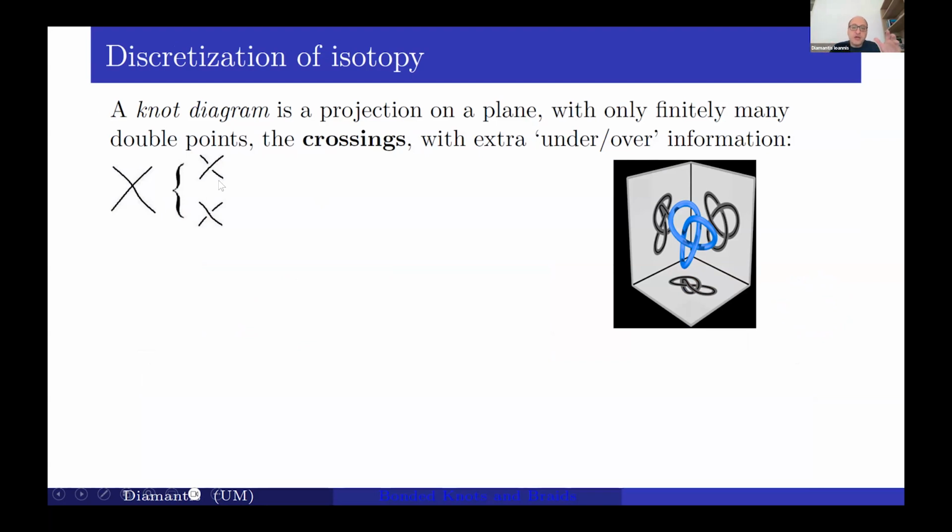So for a knot diagram, we start with a knot in R3 and project it onto a plane, keeping track of which strand lies above the other. Of course, we simplify our life by having diagrams, but everything depends on the plane that you consider to project your knot on. So we need to translate isotopy in terms of knot diagrams.